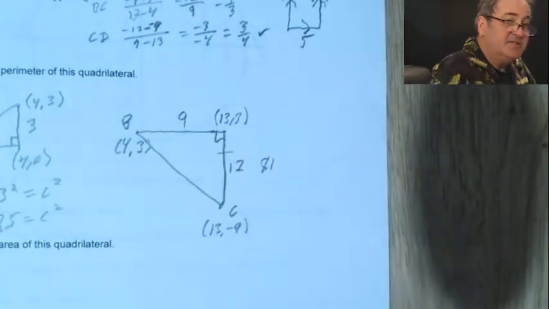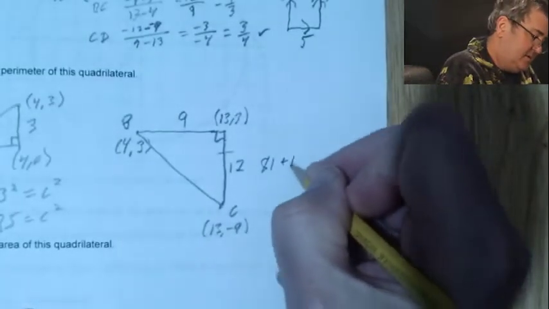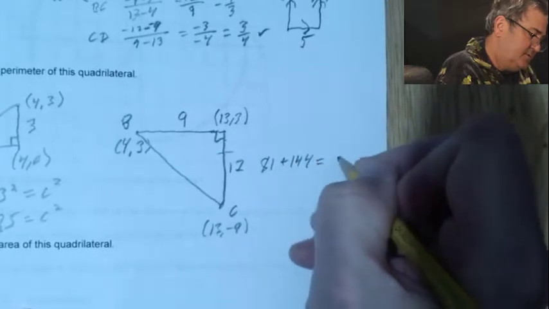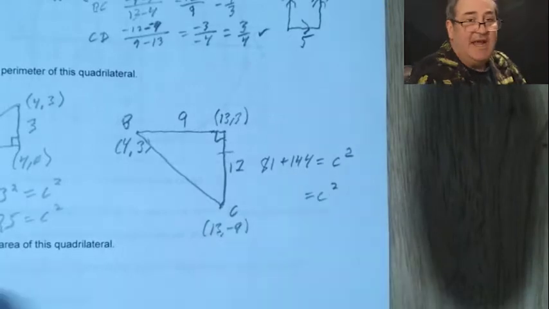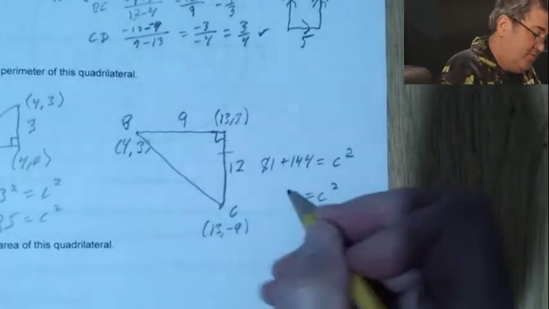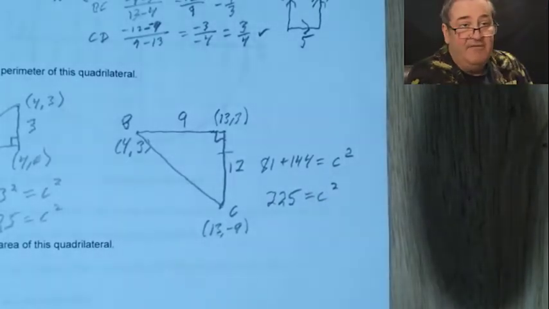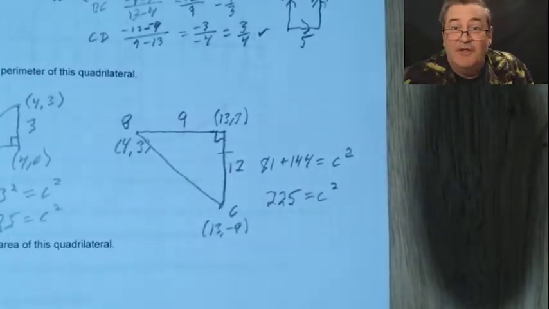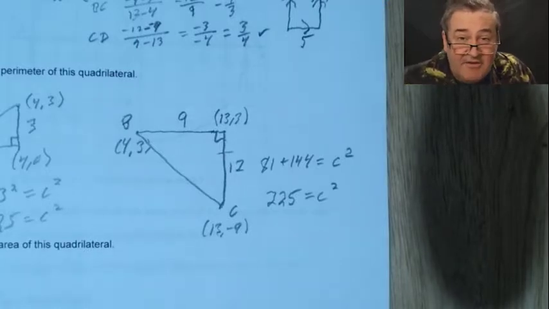81 is 9 squared. 9 squared plus 12 squared. 12 squared is 144, will equal c squared. So c squared equals, what is 81 plus 144? That's 225 equals c squared. So what number multiplies by itself to be 225?